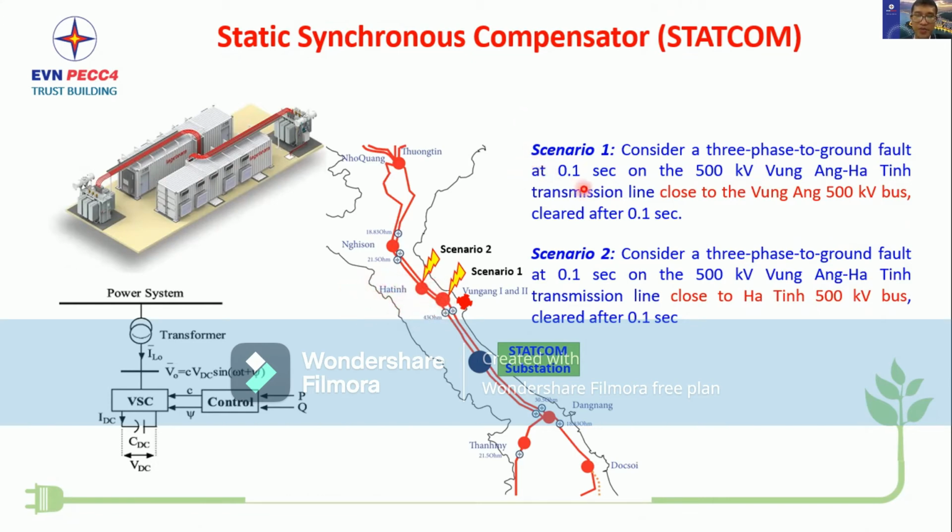We carry out the simulation at 0.1 second with the point of fault at the 500 kV Vung Ang bus, and the fault will be cleared after 0.17. For scenario 2, we consider a three-phase to ground fault at 0.1 second on the same transmission line at the 500 kV Ha Tinh bus.